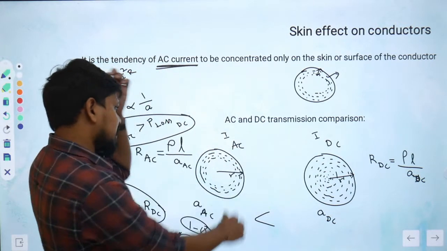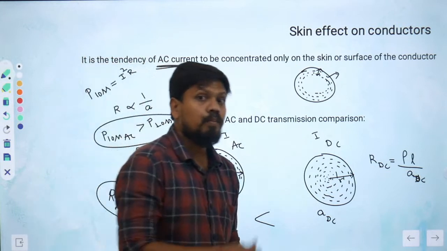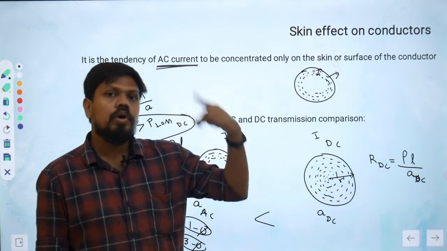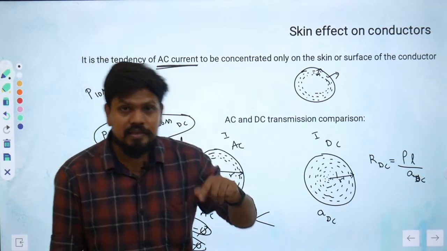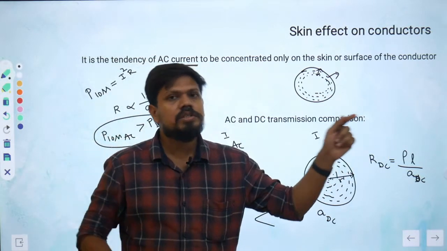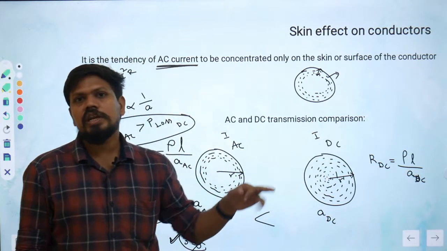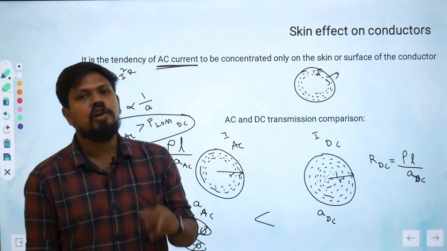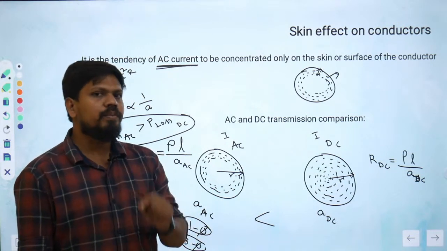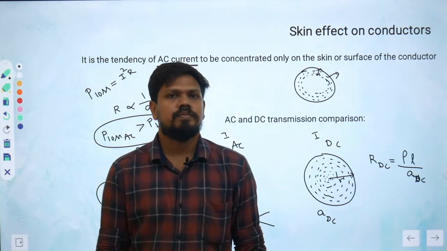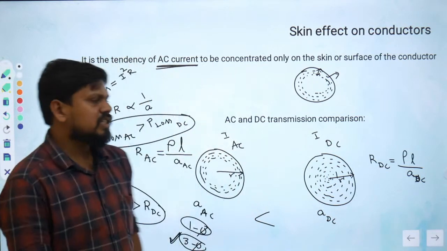DC transmission we are not preferring, but whenever the voltage is very high and the length of the transmission line, from the sending end to the receiving end, is greater than 500 kilometers, then only we will prefer HVDC, otherwise HVAC only we will prefer. Understood, right? So that is general analysis.